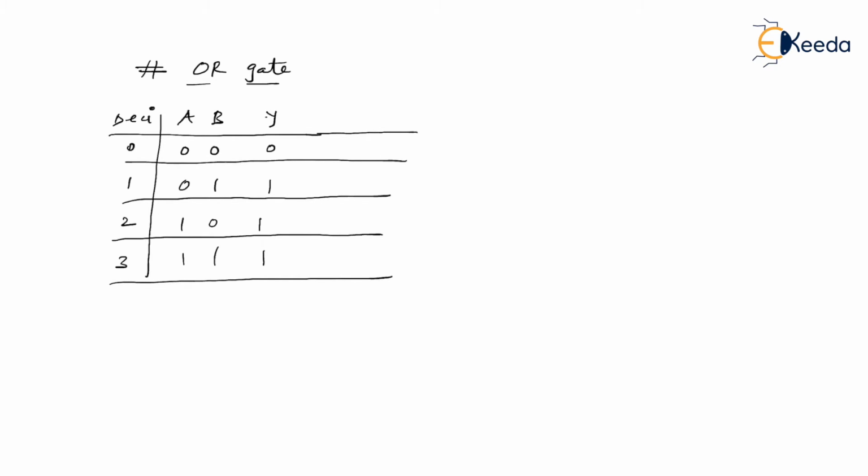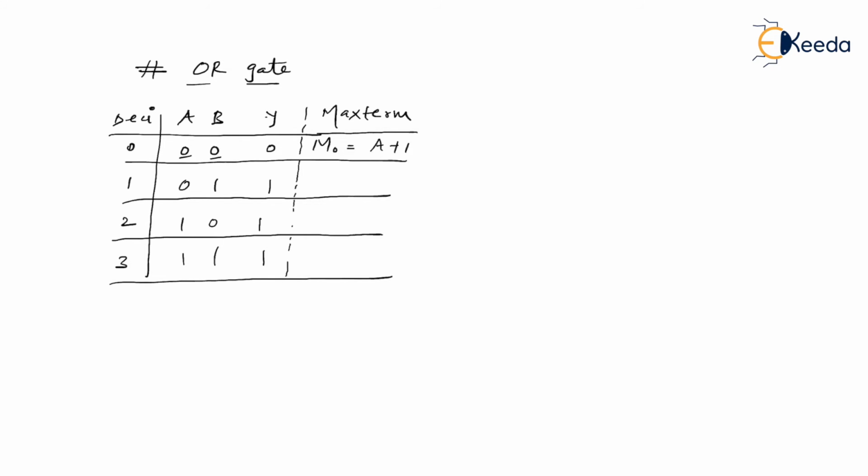Now for every combination of input, you can write a max term. If you remember, max terms are denoted with capital letter M. So let's see. Now I can write M naught. If you remember, max terms are defined as a combination of inputs in such a way that it results in logic 0. So as you can see, A and B are 0.